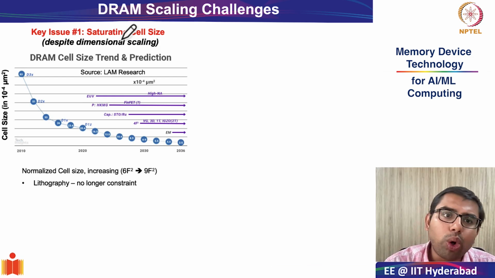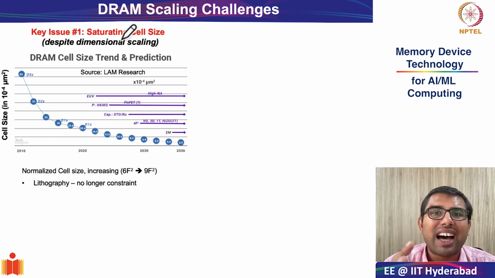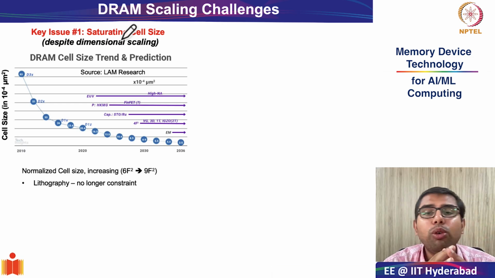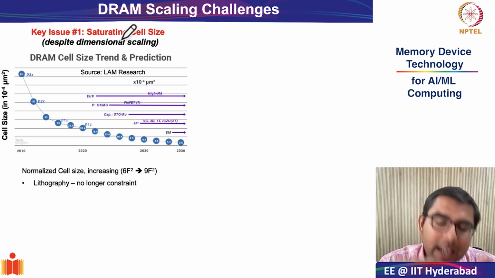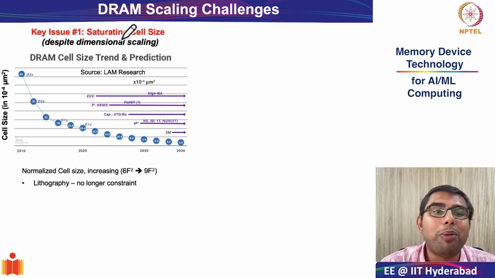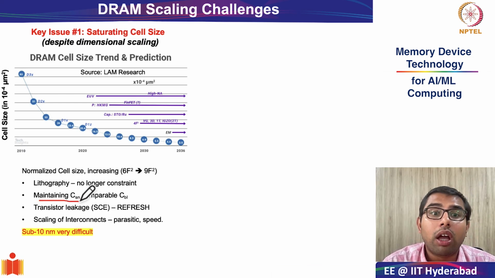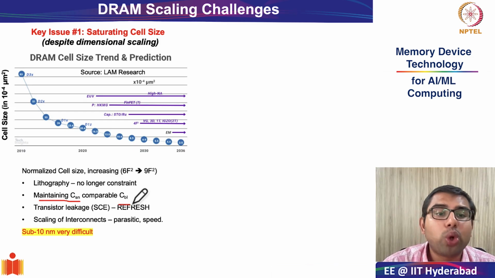So the first thing to notice is that in previous generations, lithographic alignment was a very big concern. But now with deep EUV lithography, that is also a concern, but it is not the real bottleneck. So what are the real bottlenecks? First and foremost, maintaining the capacitance of the storage node comparable to the bit line.